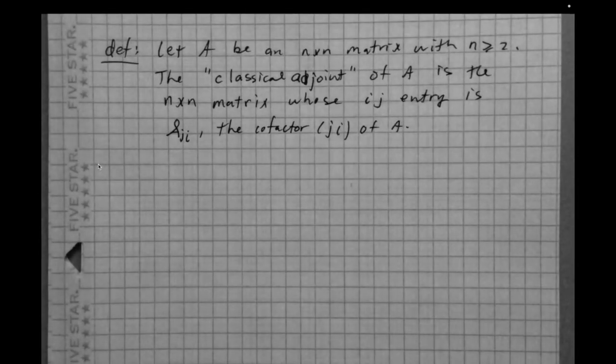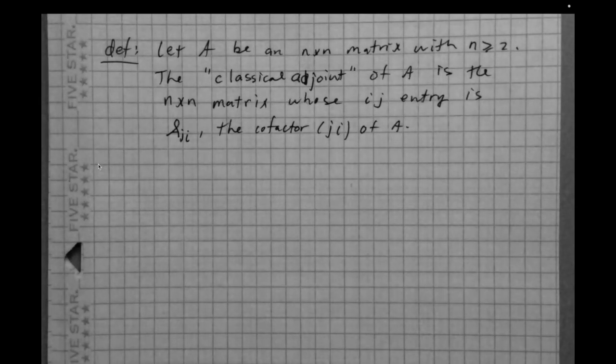All right. So A is an n by n matrix, and what we're doing with the adjoint is we're taking all of the cofactors that would be used to calculate the determinant, and we're repopulating a matrix with those cofactors.